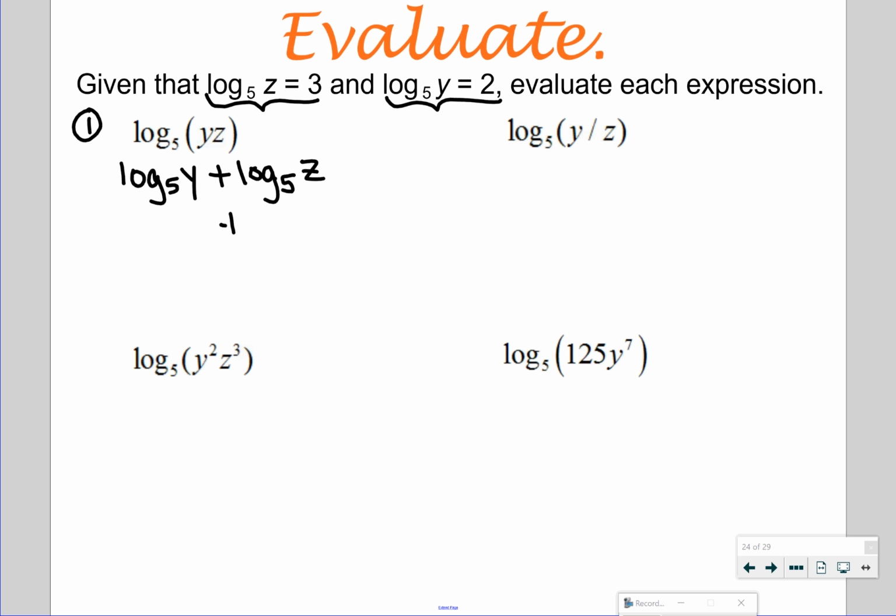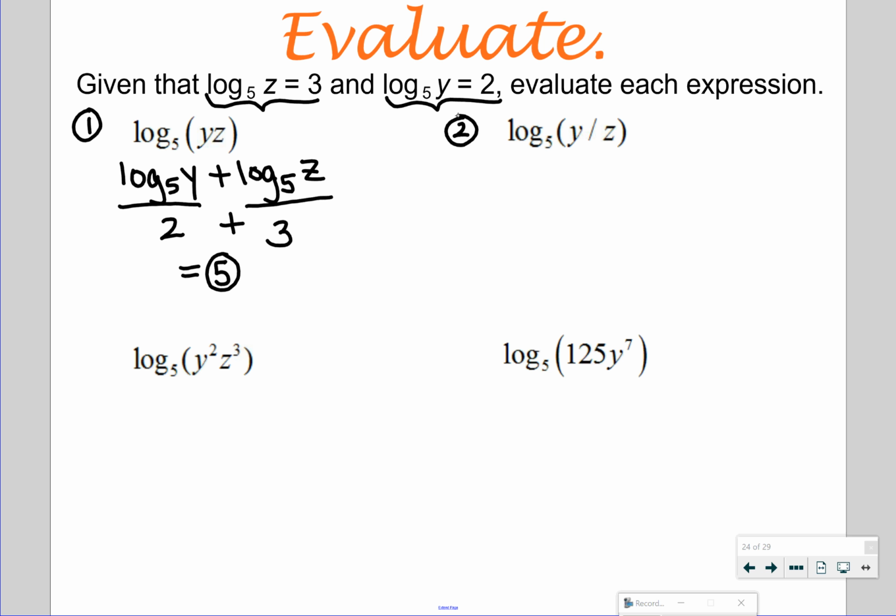Well, I have that right here. Log base 5 of z is 3, so I'll just replace it. And log base 5 of y is 2. 2 plus 3 simplifies to 5. So when we're evaluating, you're expanding completely and then substituting your given values in. These are meant to be problems you're doing without a calculator.